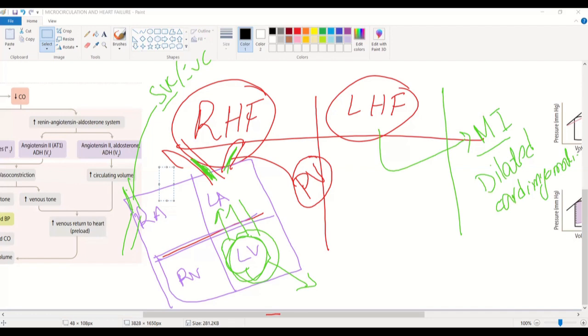Why? Because of pulmonary congestion, pulmonary edema, because of increased pulmonary venous pressure, right? So left heart failure will lead to pulmonary edema.